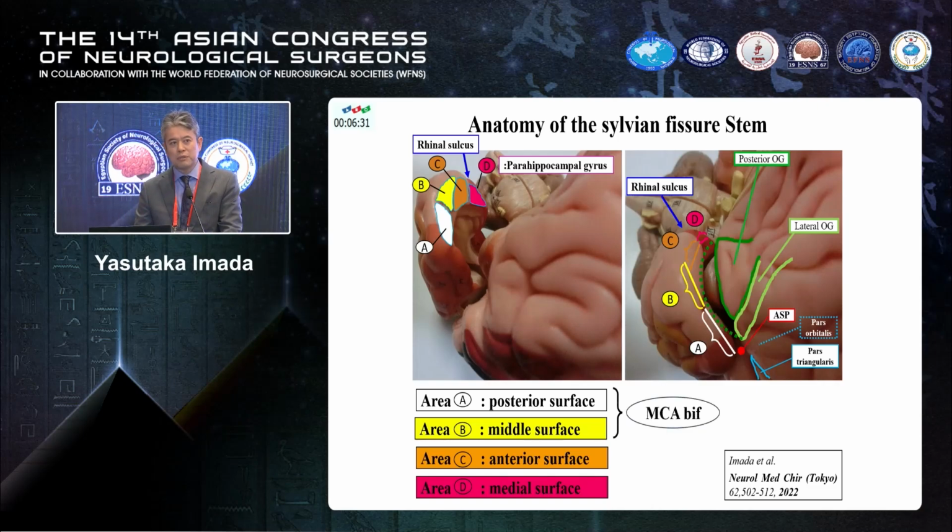In order to expose around the MCA bifurcation, it is necessary to dissect at least surfaces A and B. And in order to expose from the ICA to the M1 proximal segments, it is necessary to dissect at least surfaces C and D. If you keep this anatomical relationship in mind, you can always get good intraoperative field orientation.